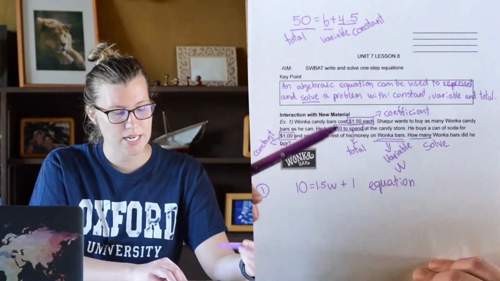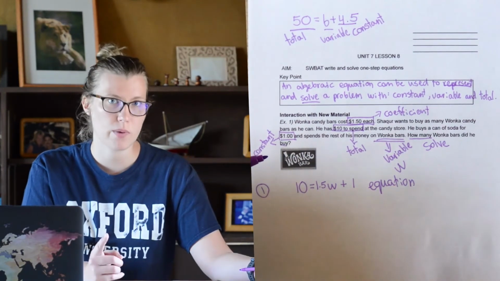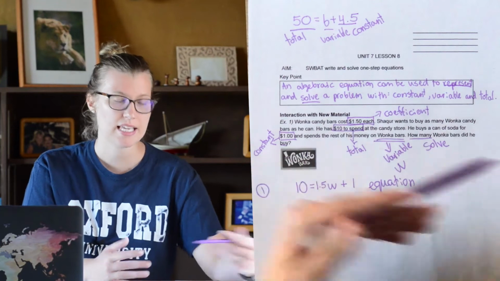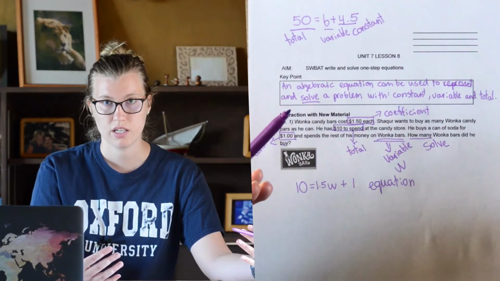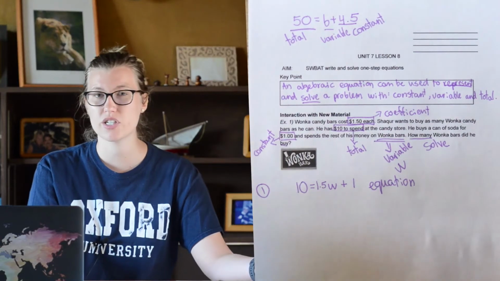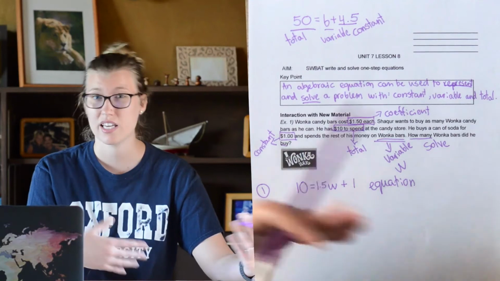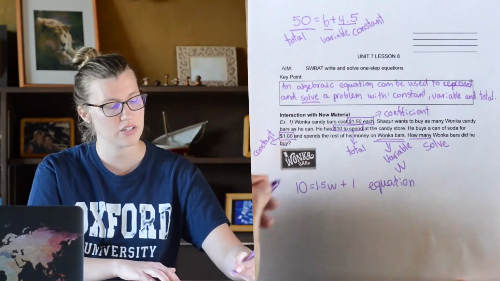Now, how many Wonka bars did he buy? This is going to be a tricky step, but I know we got it. So let's think about it. He had a total of $10. He spent $1 on soda. So how much does he have left to spend on the Wonka bars? He had $10, he spent $1, he only has $9 left.